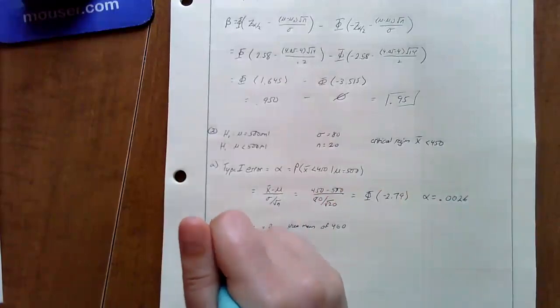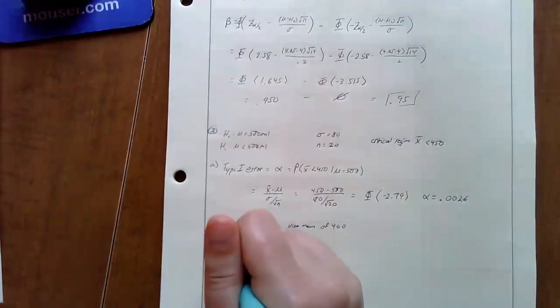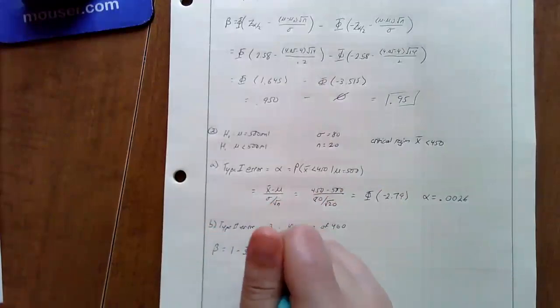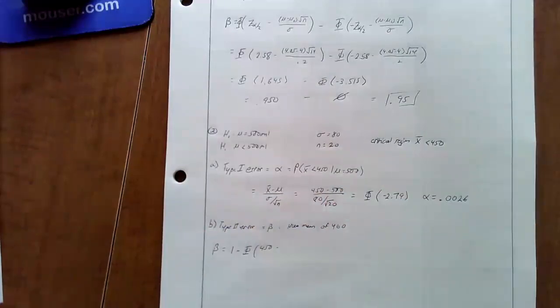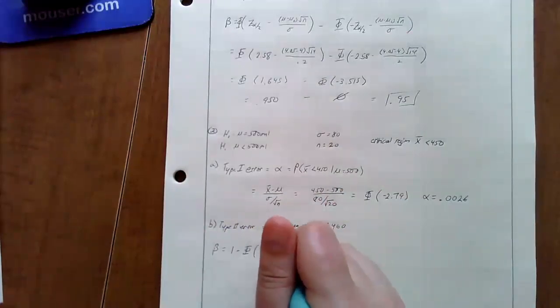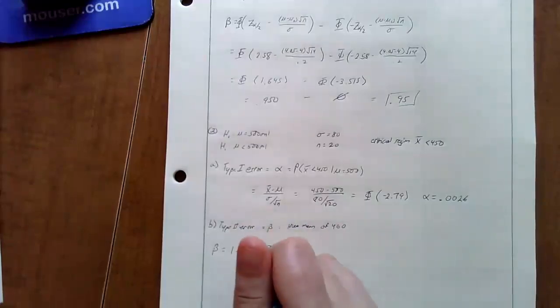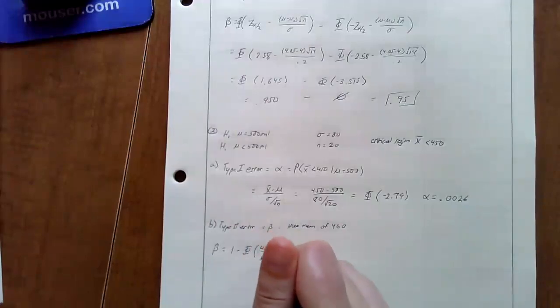For a one-sided test, our beta is 1 minus the test statistic of the 450 milliliter sample mean compared to the 460 milliliter true mean divided by 80 over the square root of n, and in this case n is 20.